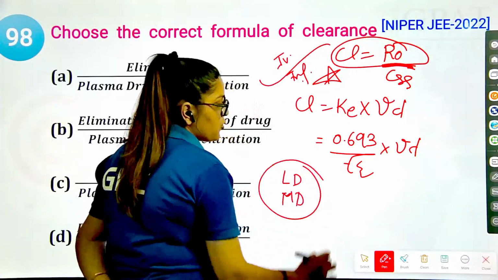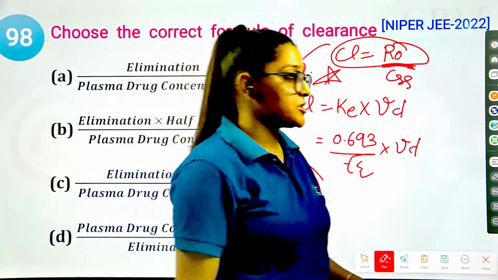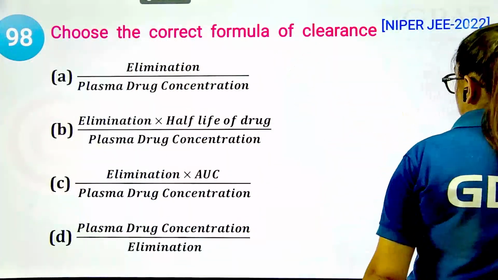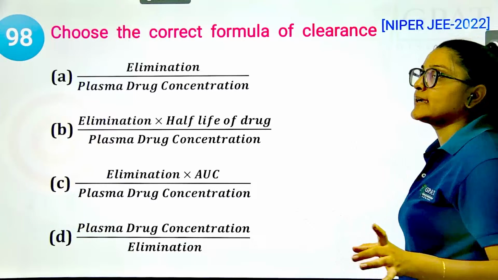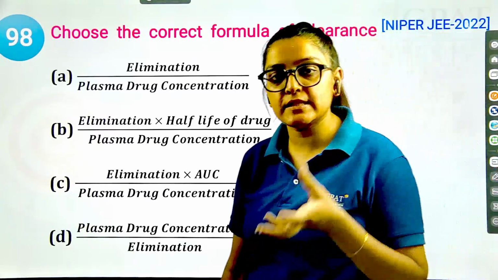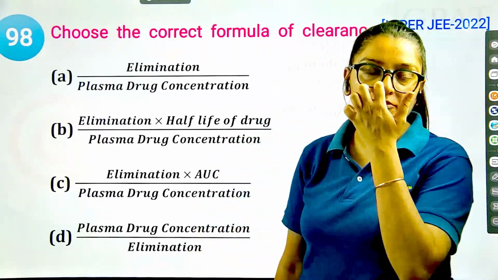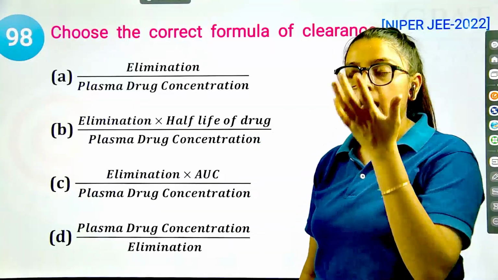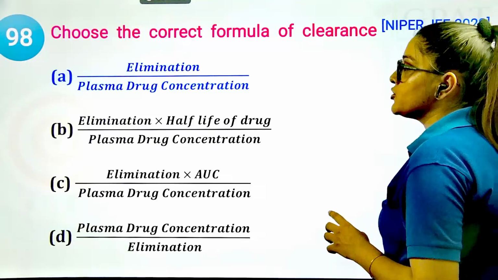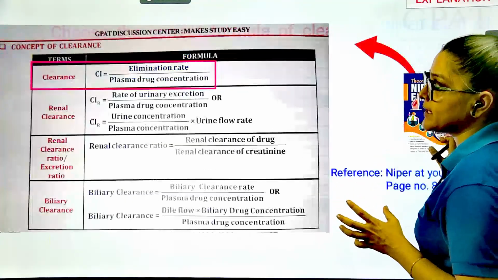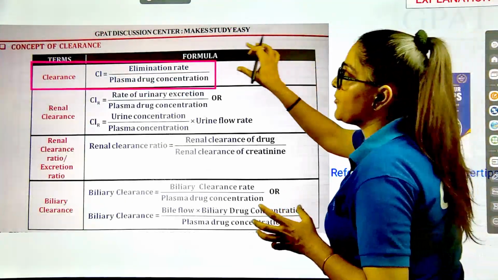Please note these formulas. These are very much important, whereby clearance questions can be asked. Okay. No, that is actually R naught upon Cl is the formula. In the case of the IV infusion process, R naught upon Cl was the actual formula. Okay. Yes. So here the correct answer will be option number A, based on elimination rate upon the plasma drug concentration.